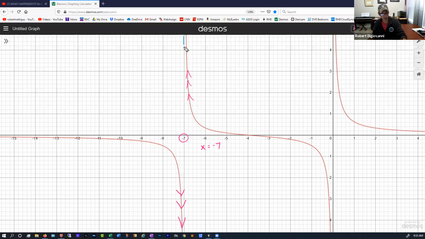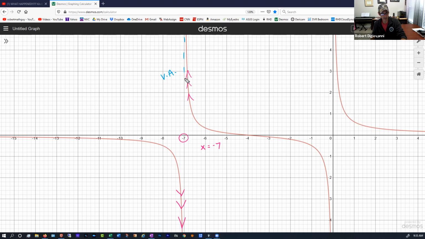It kind of looks like we have this vertical blue, I'm going to put it in blue here. We have this blue line that is a barrier that when our graph gets to it, our graph is like, oh, I can't cross it. And the graph just kind of freaks out and goes, oh, I'm going to dive down or I'm going to take off. So that is a vertical asymptote. So that blue one is what we call a vertical asymptote. And normally when I put them on our graphs, I will not put it as a solid line.